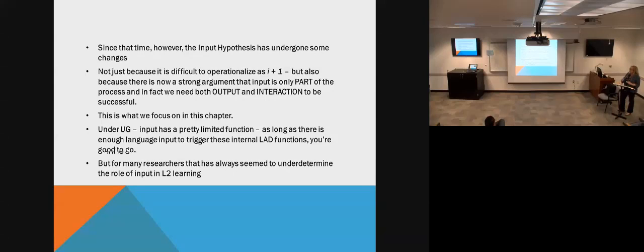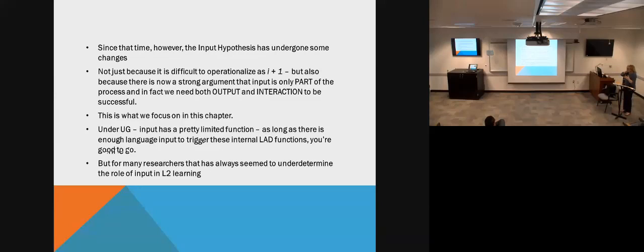Because he said it's based on UG, so it's based on the morpheme order hypothesis, but there are only so many morphemes that people have looked at. So there isn't really much you can do with it.